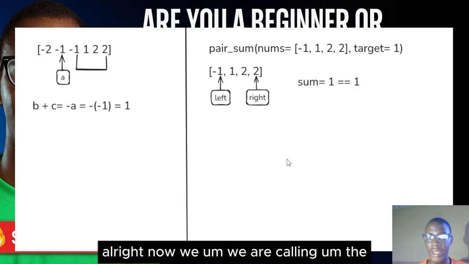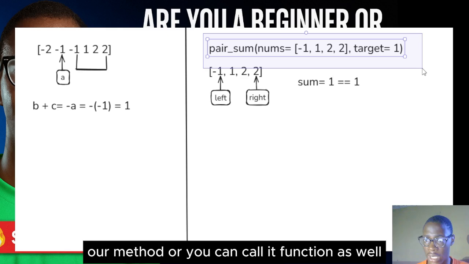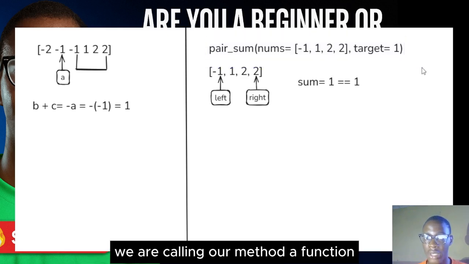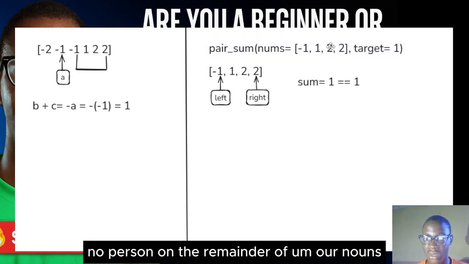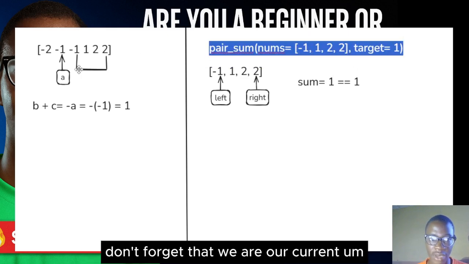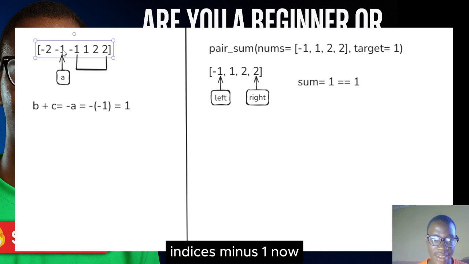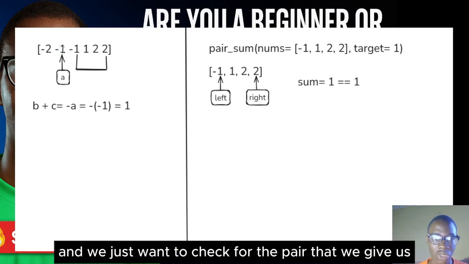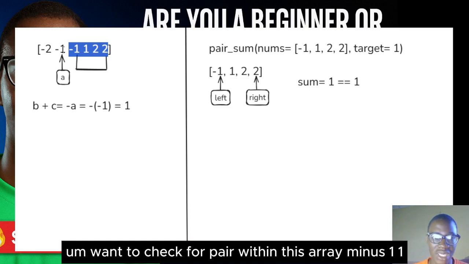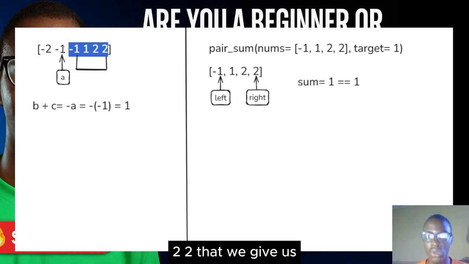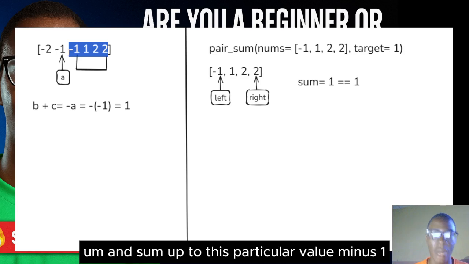Alright, now we are calling our method, or you can call it function as well. We are calling the function pair sum on the remainder of our nums. Don't forget that our current index is -1 now, and we want to check for a pair within this array -1, 1, 2, 2 that will sum up to this particular value.